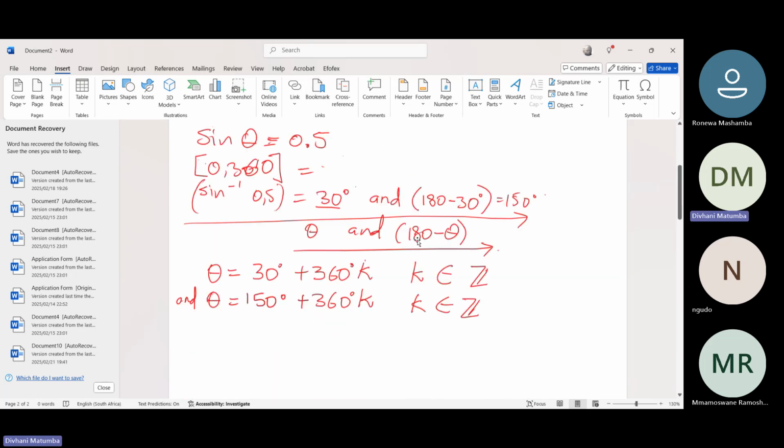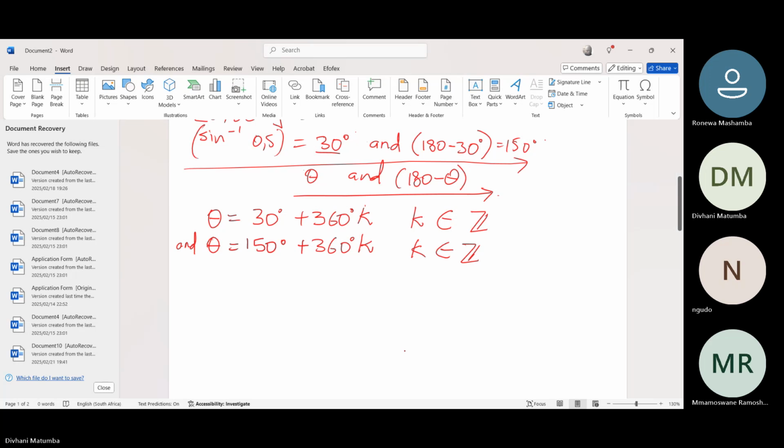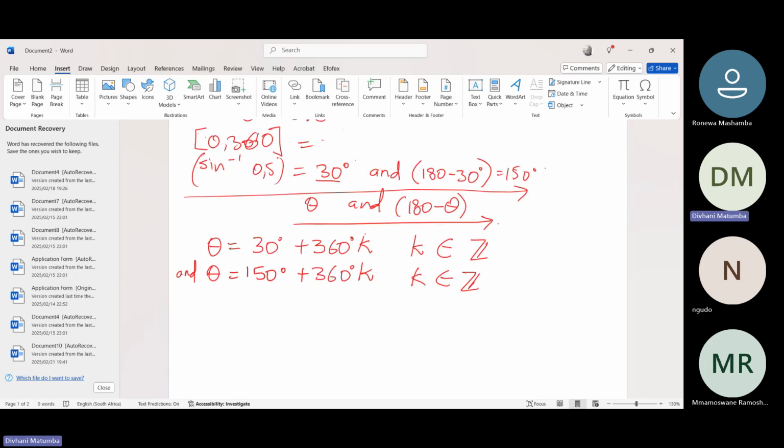But ultimately, if you have to cram, so be it. If you are dealing with sine graphs, these are the general solutions.